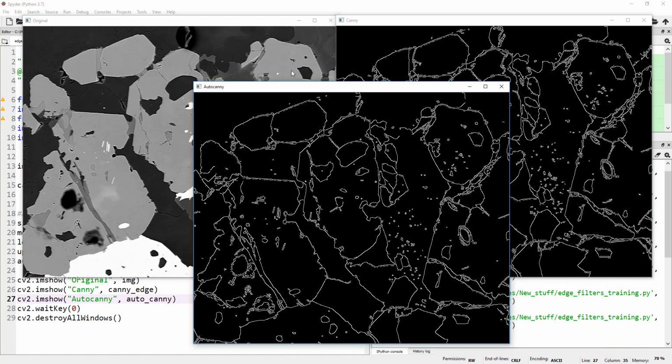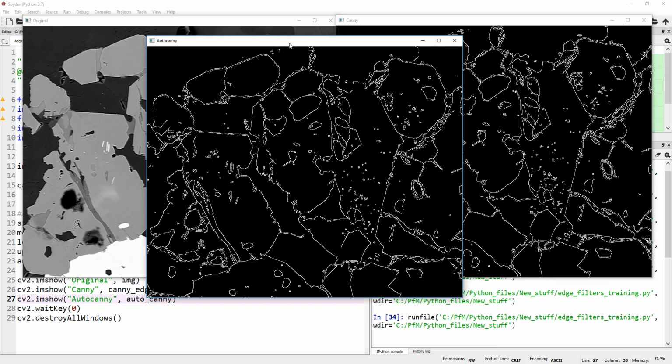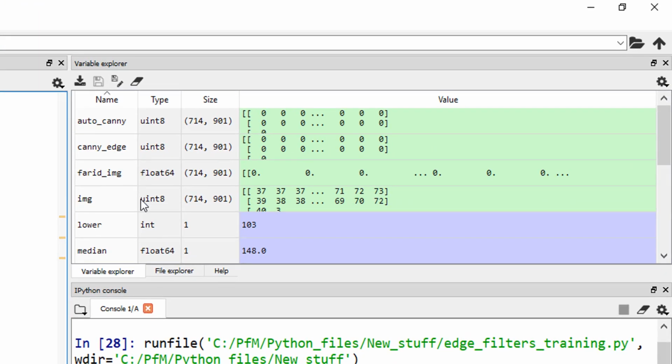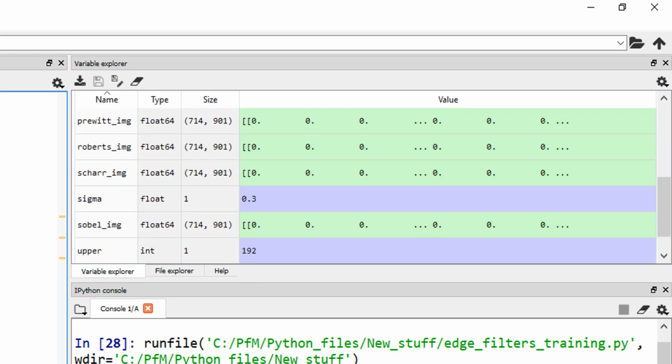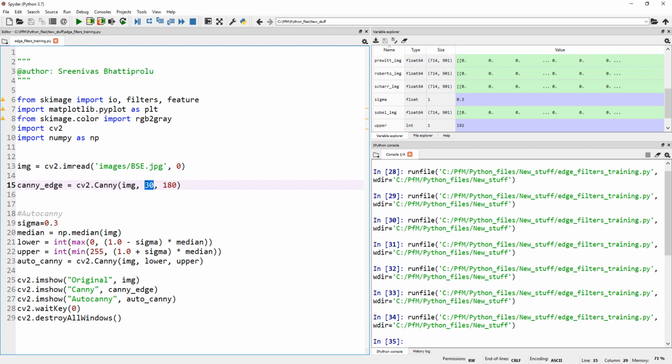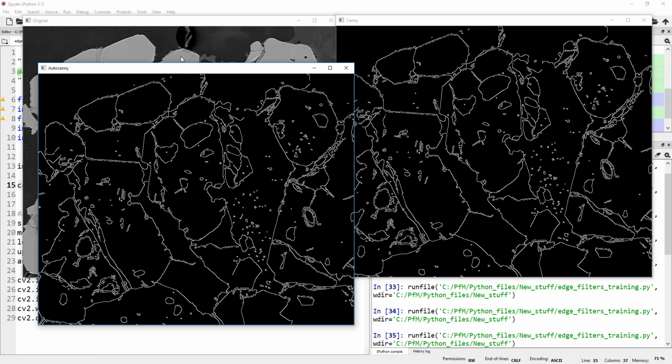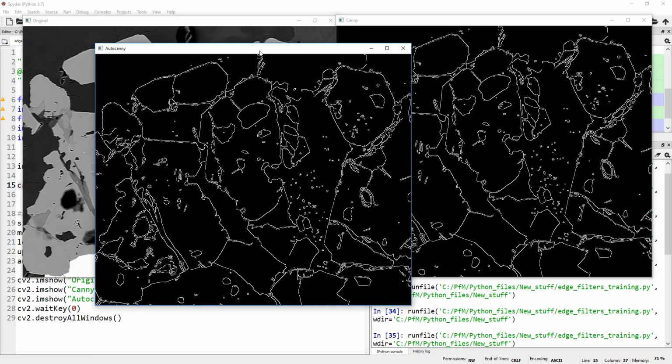If you are curious what the values are, lower is 103, and upper is 192. So if I type 103 and 192, you should get exactly the same images in both cases, except we are just doing this in an automatic way. That's it.